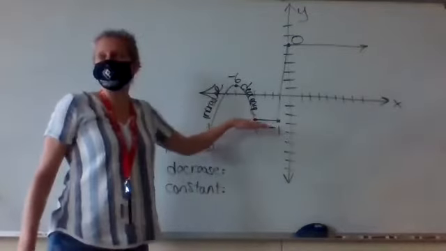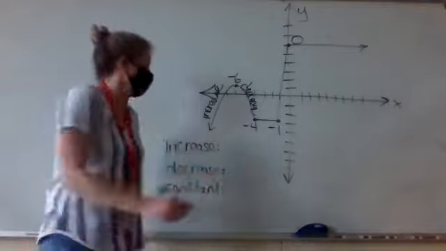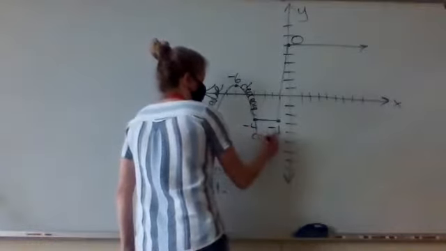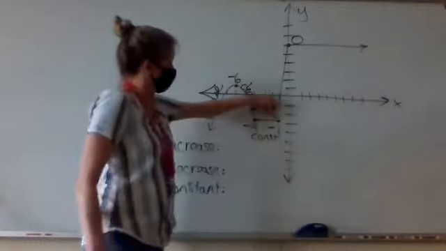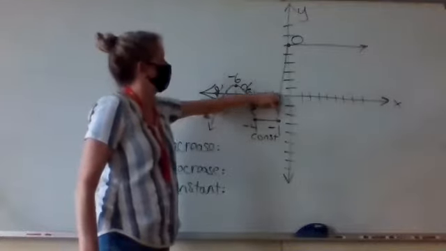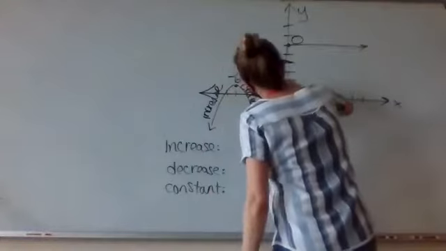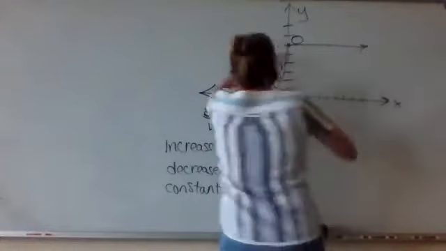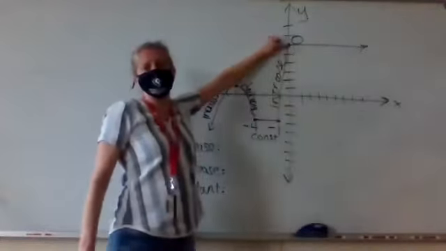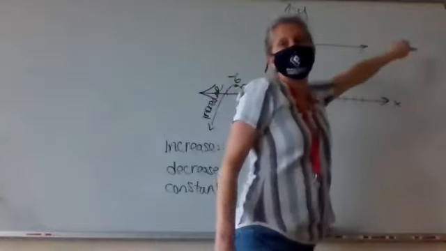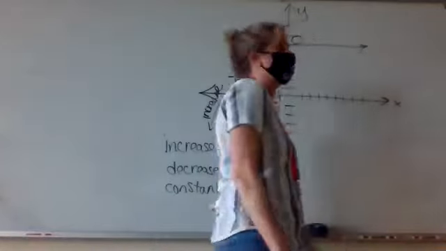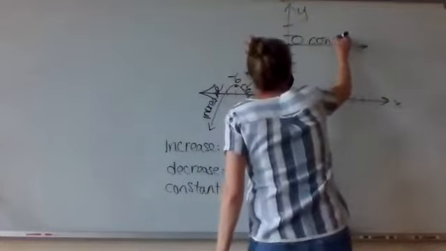What does going straight across mean? It is constant. So that side's a constant. Once it gets here, what does it do again? Starts going up. So it's an increase. It goes up until it gets to here, and then what does it do again? It goes from negative infinity to infinity, right? So this is a constant.